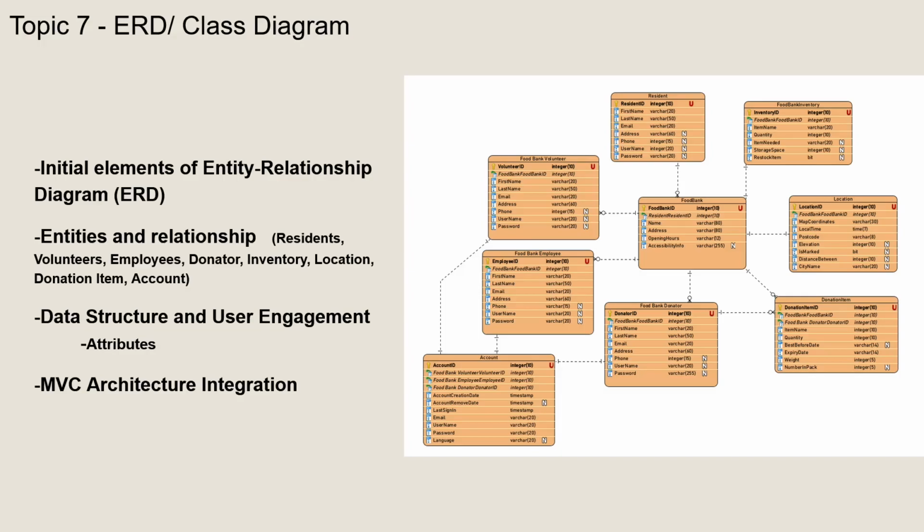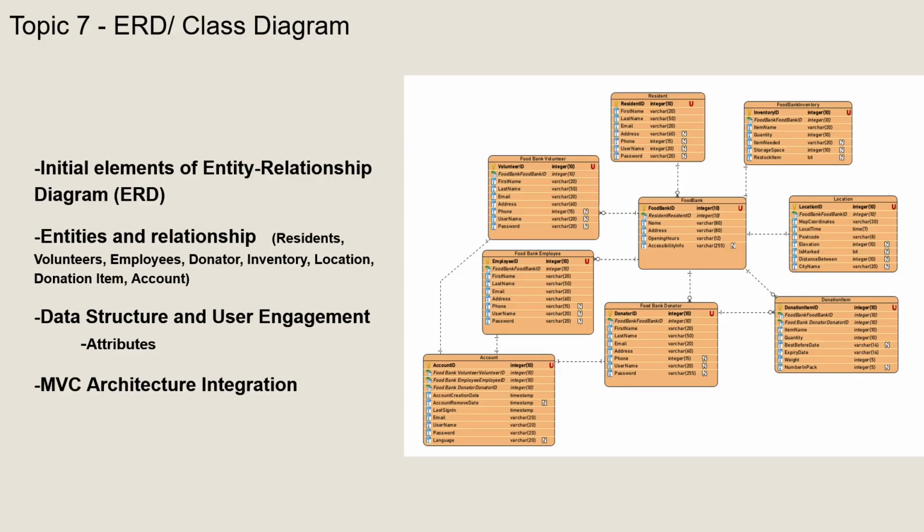For example, the resident has a unique ID, name, address, and contact details. For user engagement with the resident entity, they can access the system, request assistance, view available services, and update their contact details. The next one, volunteers, is the same.